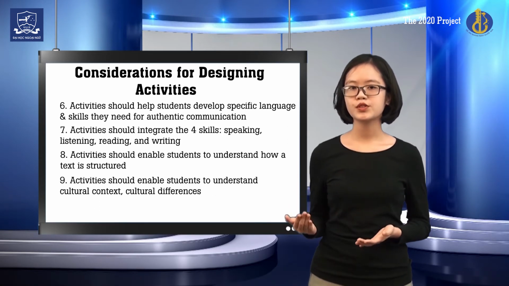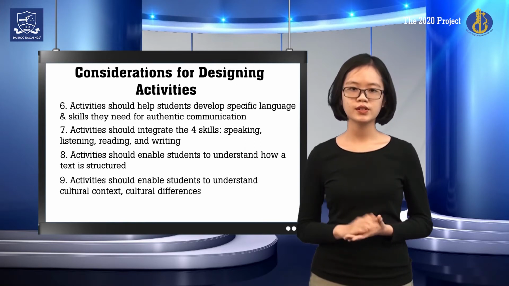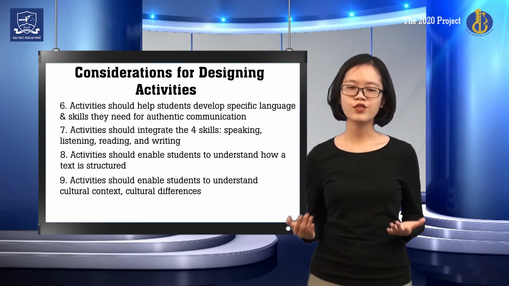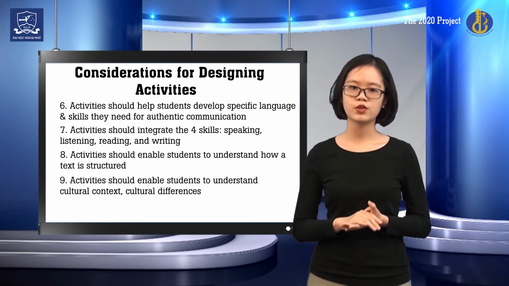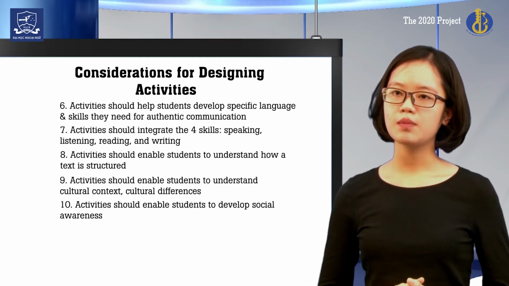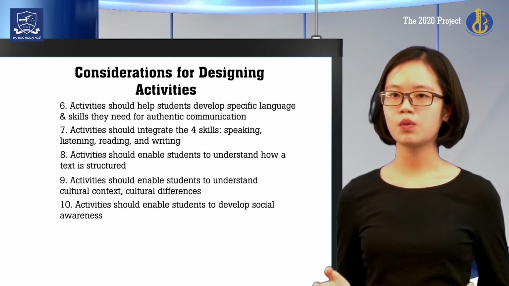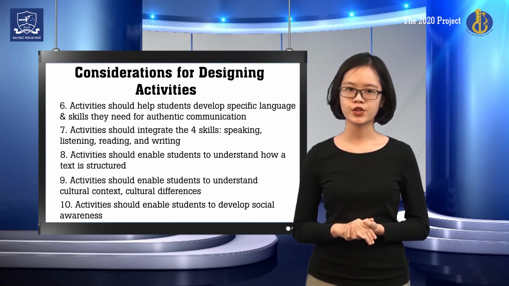Activities should enable students to understand cultural context, cultural differences, so that they can have more confidence in the target culture and understand their own culture better. Activities should enable students to develop social awareness, so that they can navigate systems in the target culture.